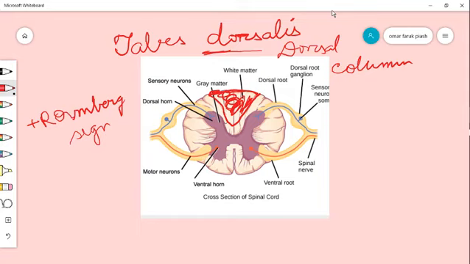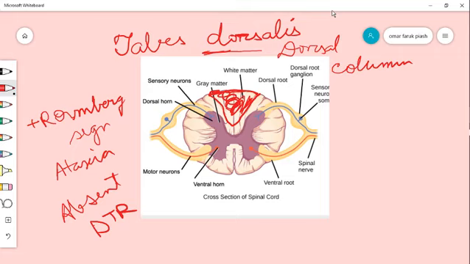There is sensory ataxia, and there is absent DTR, deep tendon reflex.